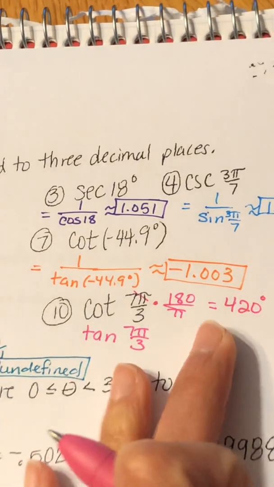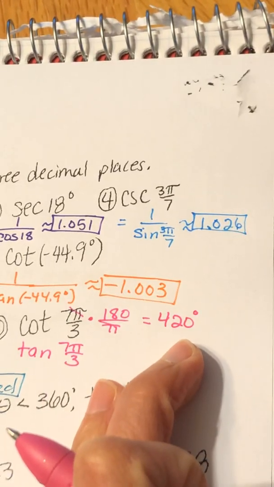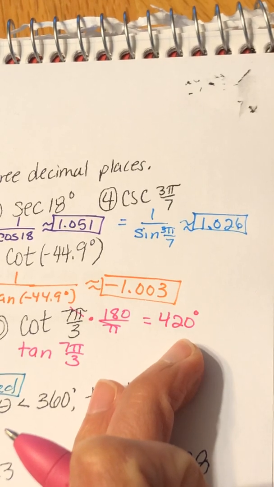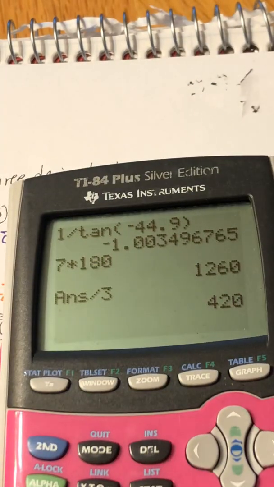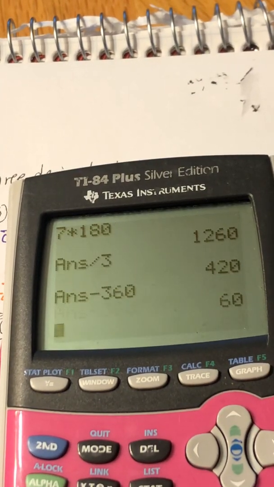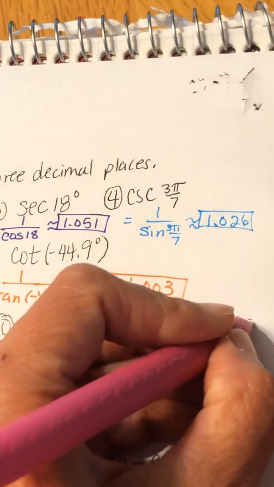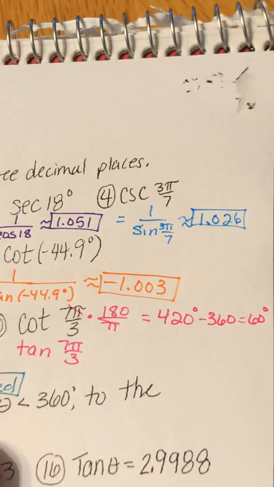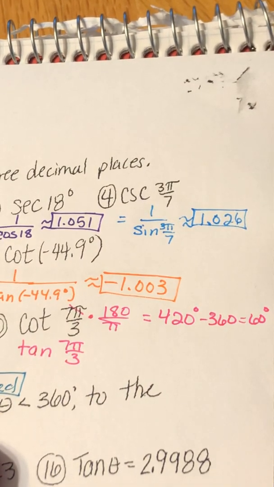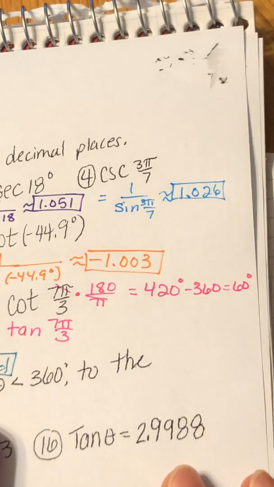Obviously that's too big, so let's subtract 360 to see the coterminal angle. 420 minus 360 is 60 degrees. So that means we're looking at pi over 3. It's coterminal with pi over 3.